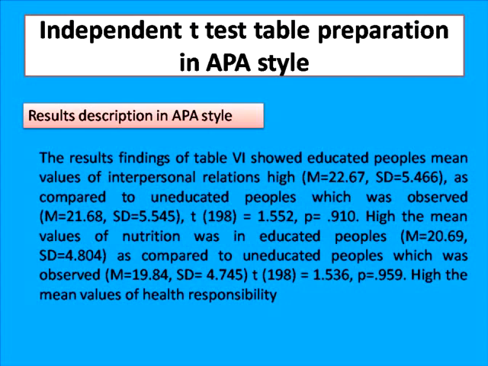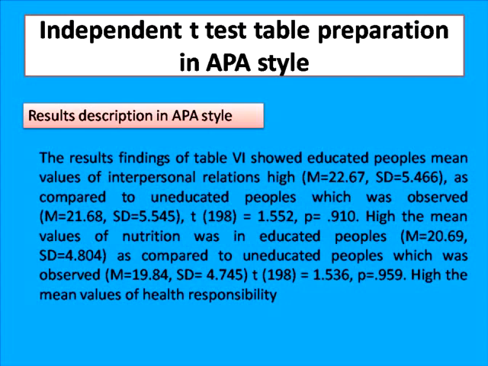The mean value of nutrition was high in educated people, mean 20.69, SD 4.84, as compared to uneducated people, who had a mean of 19.84 and SD of 4.745, T(195) equal 1.531, P equal 0.959. The mean value of all the responsibility was also high.